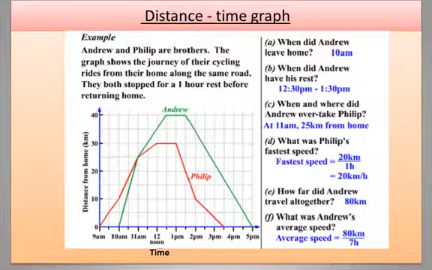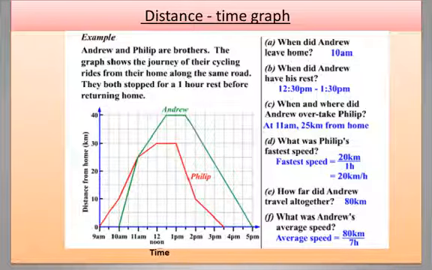So when we are coming back, we have to touch the x-axis. That is the thing we are doing in this distance time graph. Both are traveling by cycle. Philip started at 9 o'clock, but Andrew started at 10 o'clock.